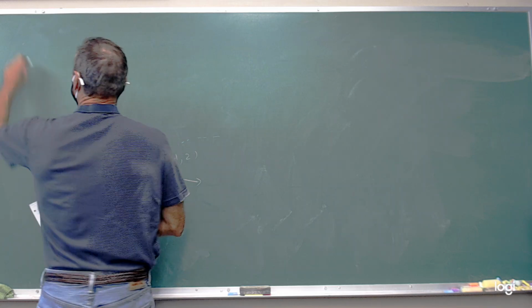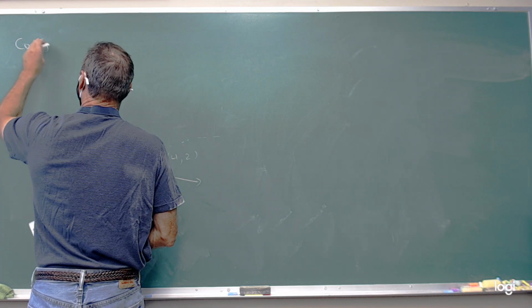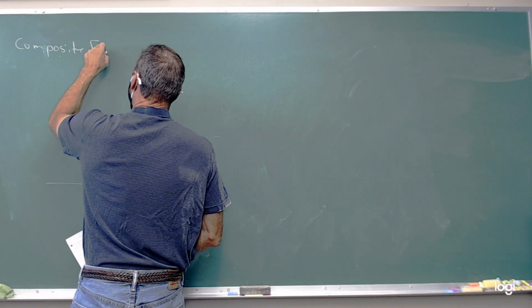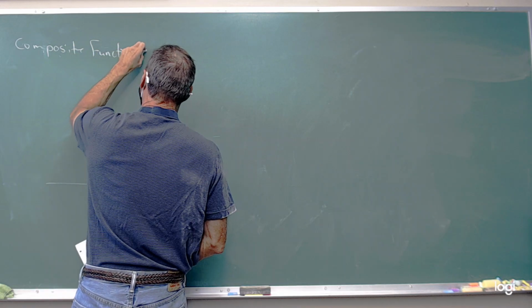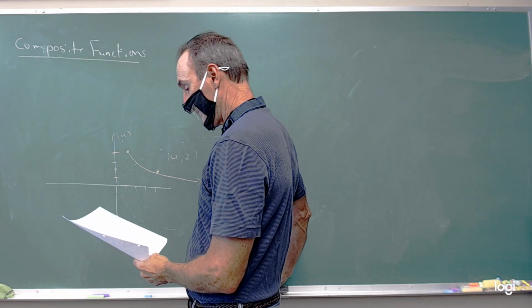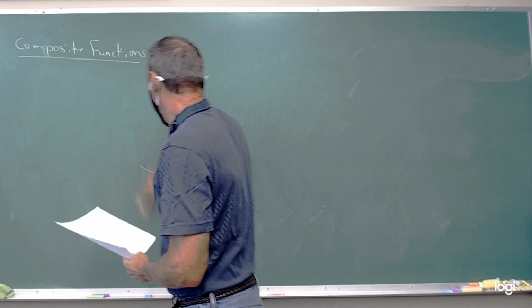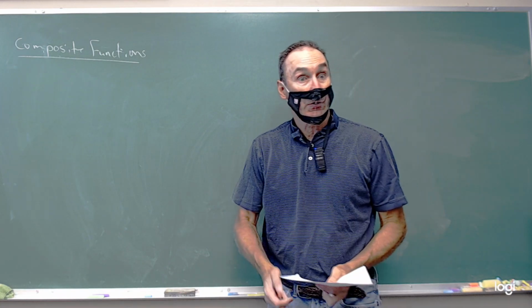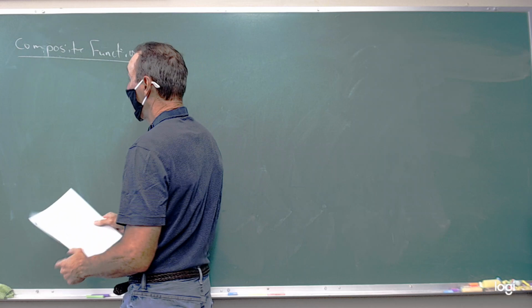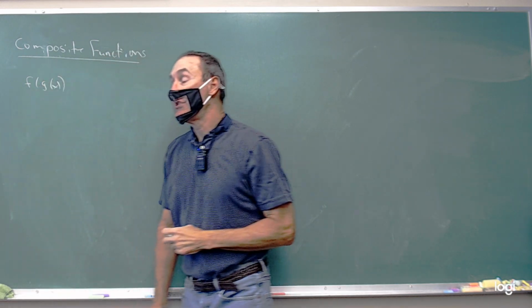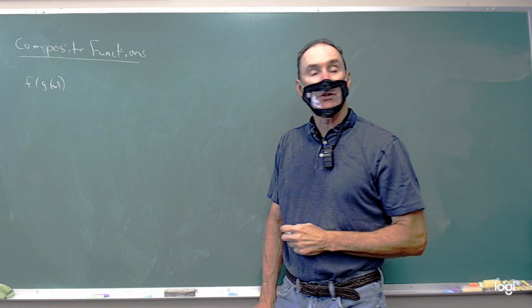Okay, so let's talk about composite functions. We have a more familiar notation and a maybe not so familiar notation. So we usually write it as f of g of x, f composed with g of x.